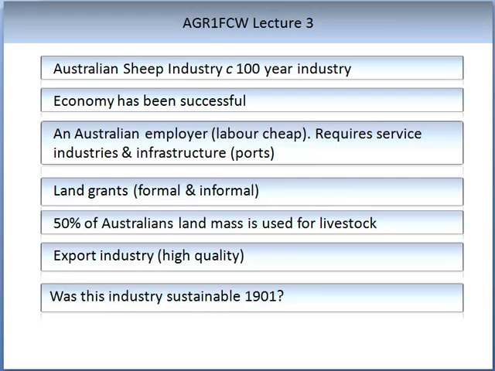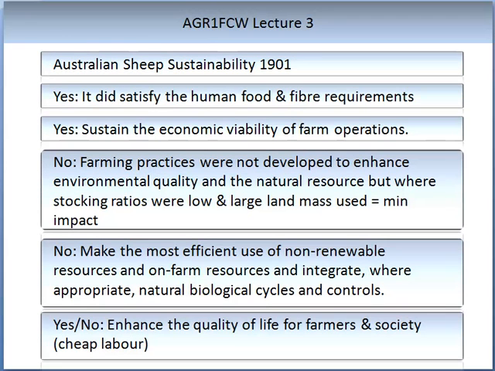The answer is complicated, in parts yes and in other parts no. And in the next slide we will examine this in further detail. Of course, when examining this, you have to assume no future knowledge after 1901 when answering the question.